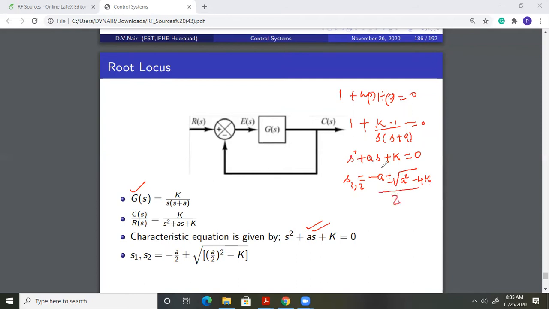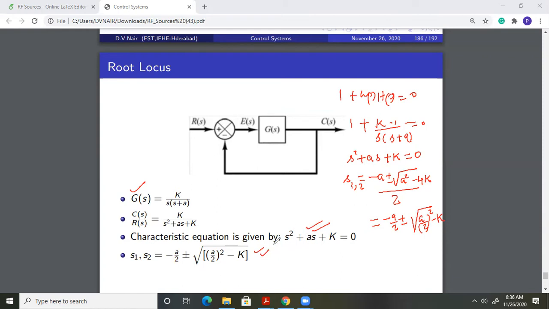A is 1 here, in standard notation, so divided by 2. So this will be minus a by 2 plus minus. If I take 2 inside the radical, it will become 4, so it will be a by 2 whole square minus k. That is what we have obtained and written down here. So these are the two possible roots of the characteristic equation.